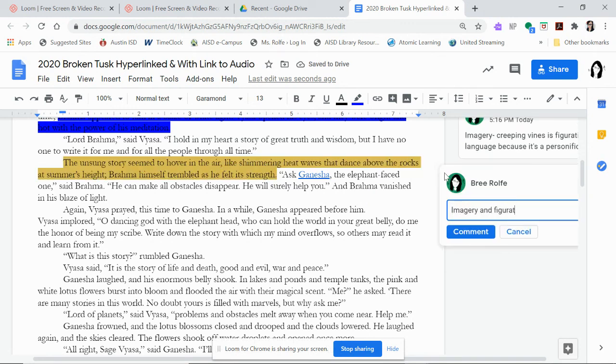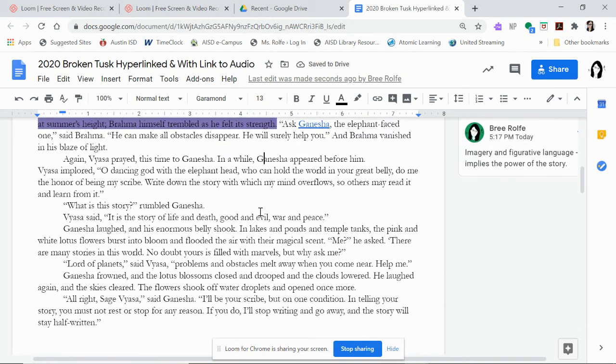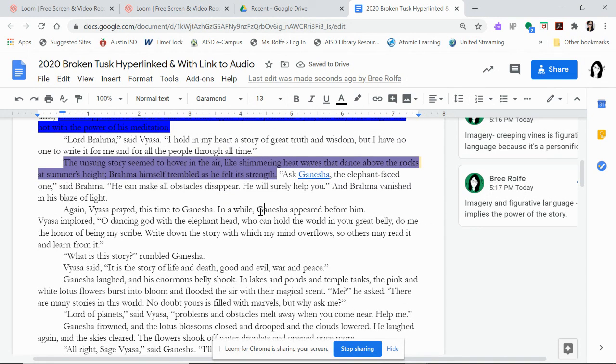And I'm going to make an inference here, okay? Because the author's using a lot of imagery to draw attention to this part about the story hovering in the air and shimmering and its strength. It implies the power of the story. So the author is drawing so much attention to this moment to show the sort of strength and power of this story.